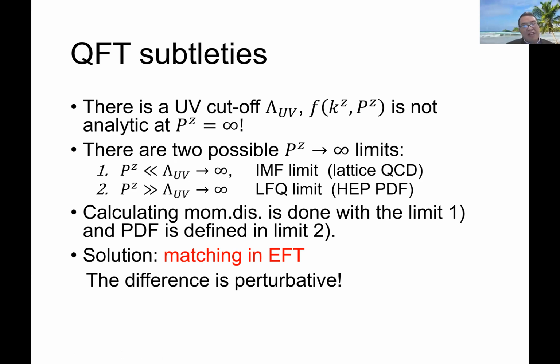The point is that the difference between these two limits is related to the high momentum modes of the theory, and we know the high momentum modes can be calculated in perturbation theory. Therefore we can match these two different calculations. So if you know one answer, you can get the other answer by perturbative matching.